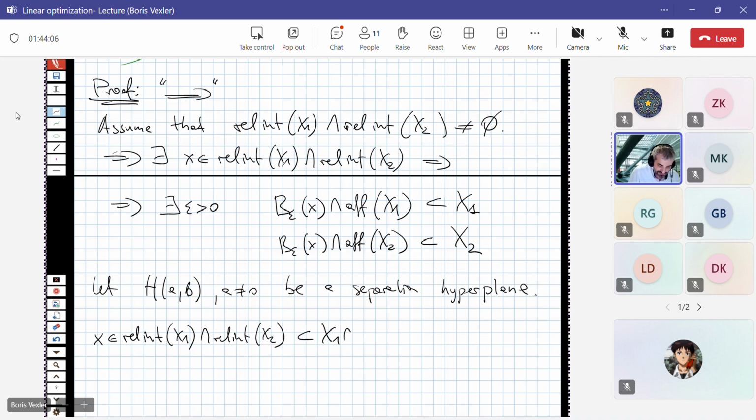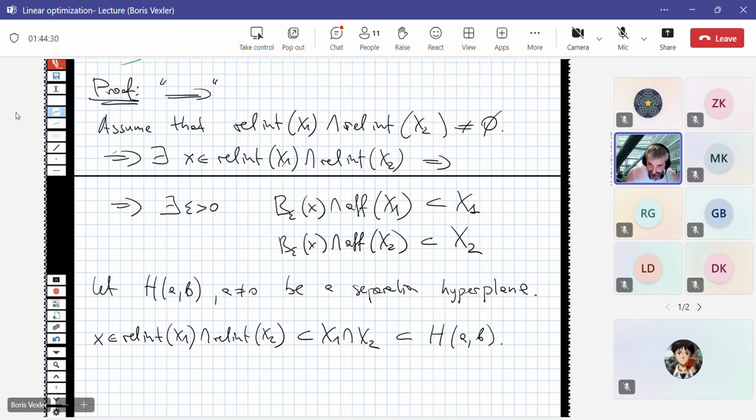This is, of course, in the intersection of x1 and x2, since the relative interior of x1 is, of course, a subset of x1. Okay, and now I claim that this x1 intersected with x2 is, of course, a subset of the hyperplane itself. Why?